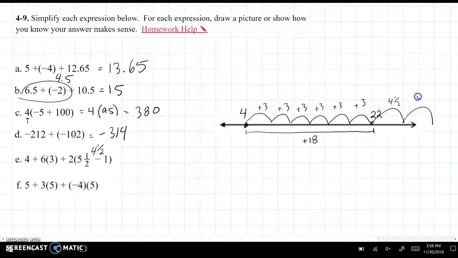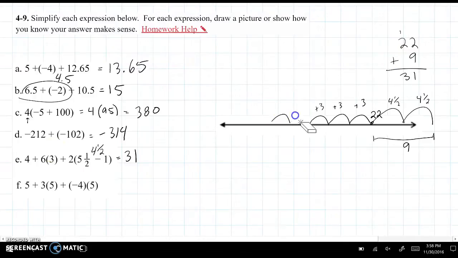Here's another 4.5 for a total of 9 feet. And so if I was at 22, so 22 plus 9 gets me 31. So I kind of broke that up into steps. F, similar thing for F.